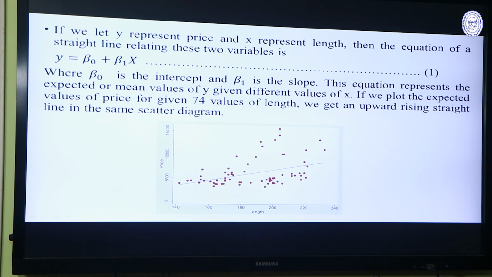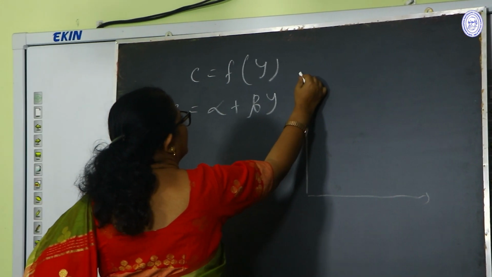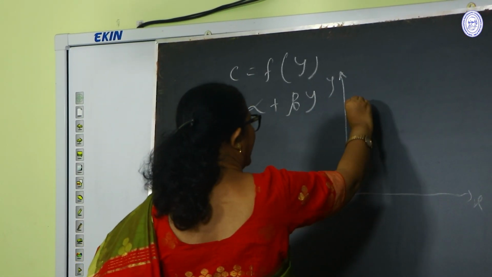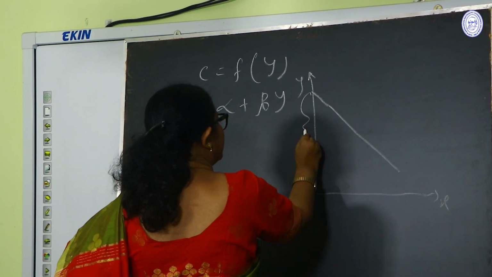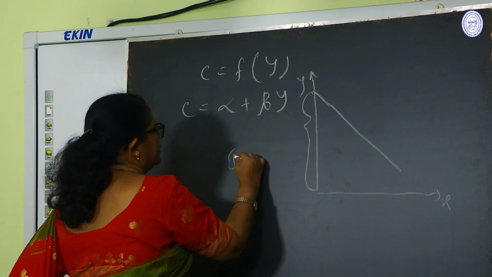As you all know, if I draw one line, here it is the y axis and here it is the x axis. Now, if the line is like this, then the distance covered in the vertical axis is called the intercept.